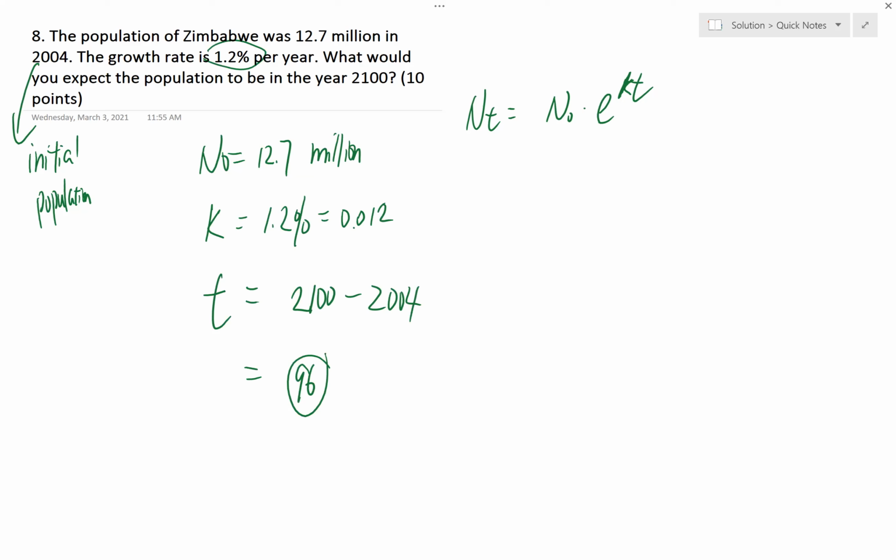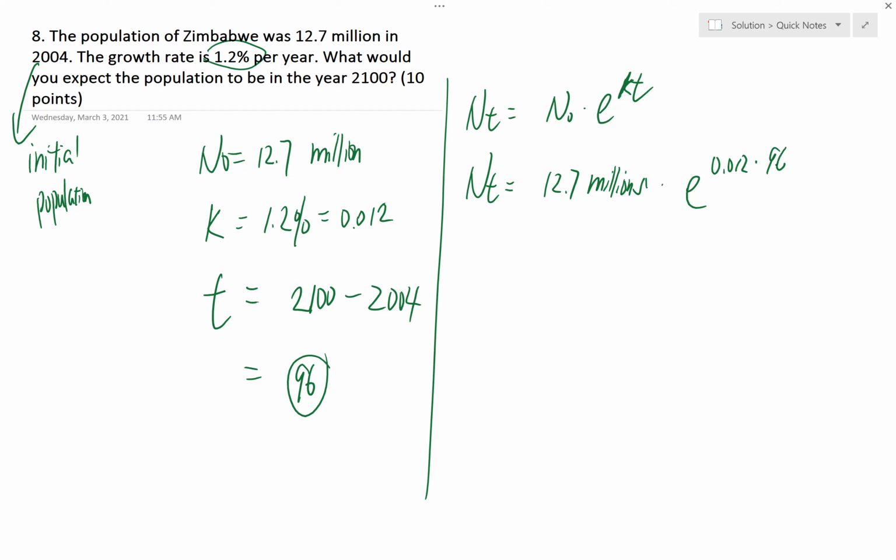Okay. So we know 3 things. Now we just throw all 3 numbers into the formula. N(t) equals 12.7 million times e raised to k, which is 0.012 times 96.